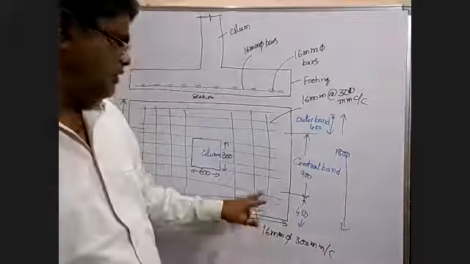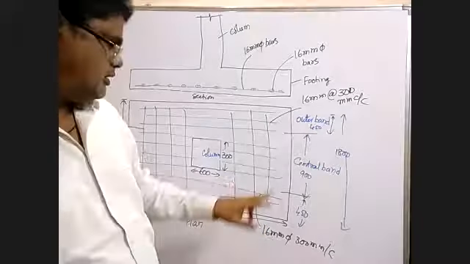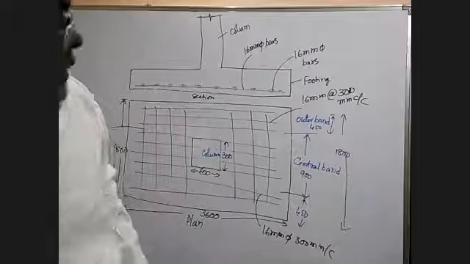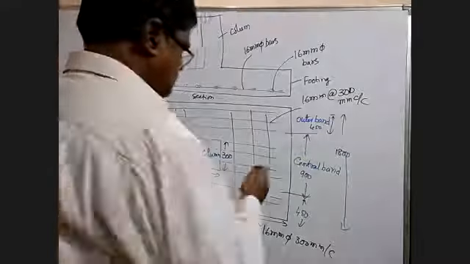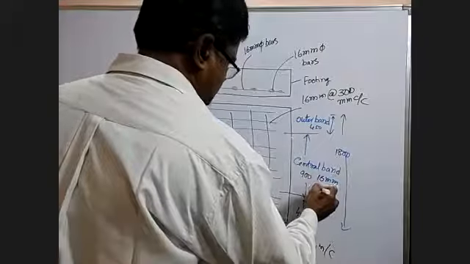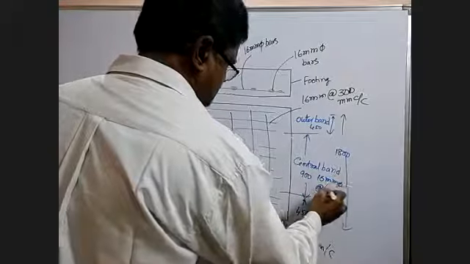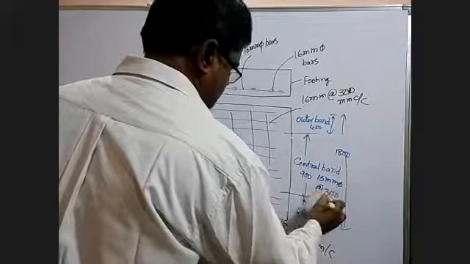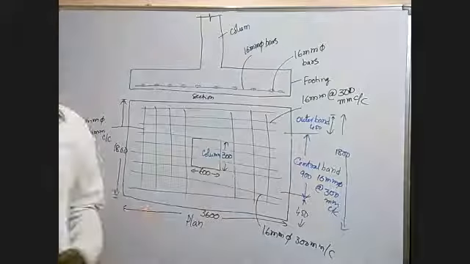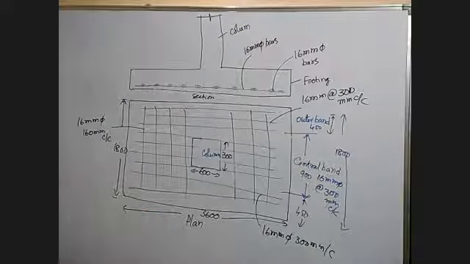In the same way, in the central band also it is 16 mm at 300 mm center to center. So this is the design of the rectangular footing. We have designed the size of the footing.